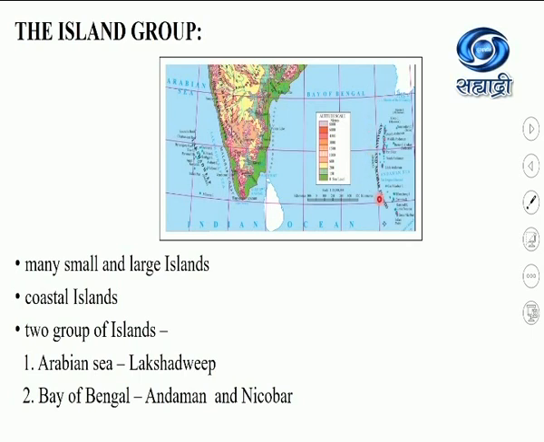Another group of islands is found in the Bay of Bengal region, known as the Andaman and Nicobar Islands. Again, here you can see so many small islands grouped together. All together these are termed the islands in the Bay of Bengal, that is, the Andaman and Nicobar Islands.